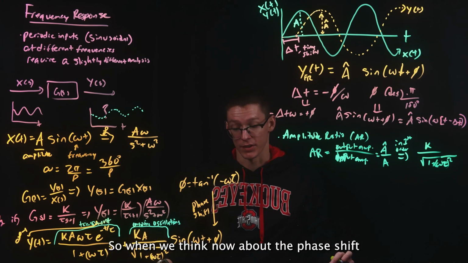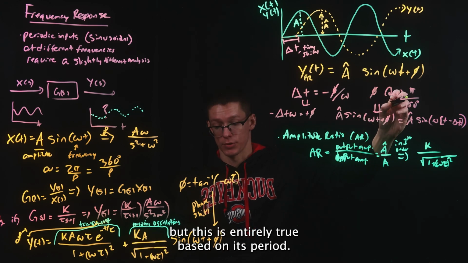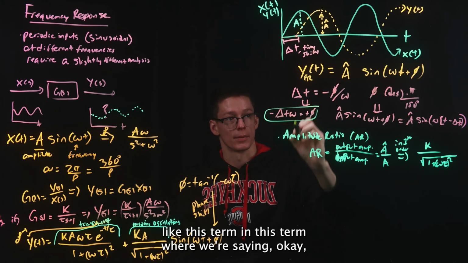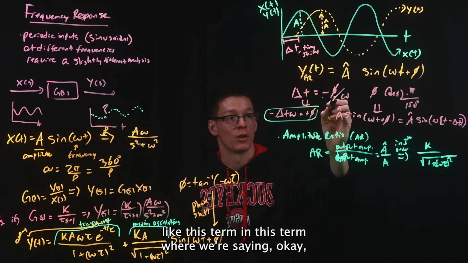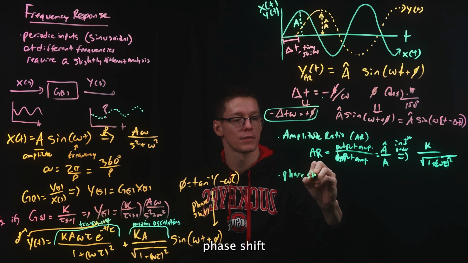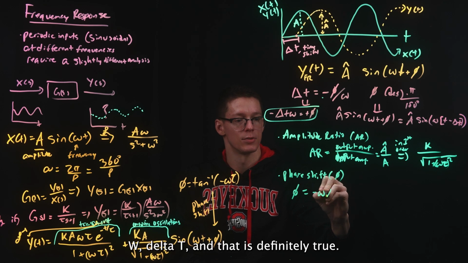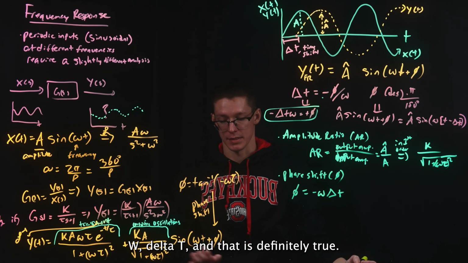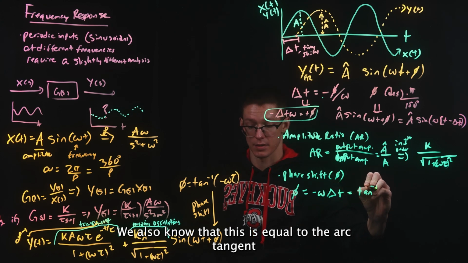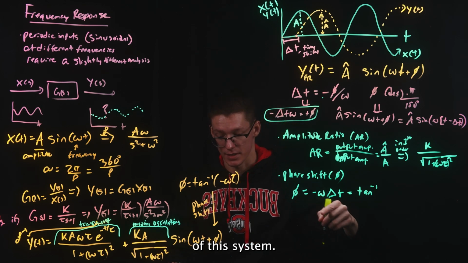So when we think now about the phase shift a little bit more, I've already written it out in a couple of different ways, but this is entirely true based on its period. If we know that phi, the phase shift, is equal to minus W delta t, and that is definitely true, we also know that this is equal to the arctangent of this system.